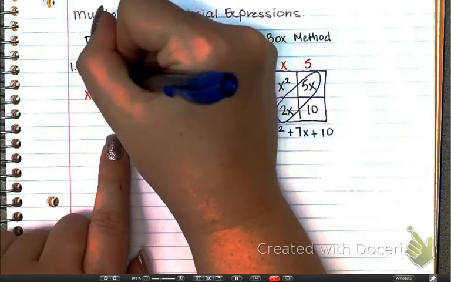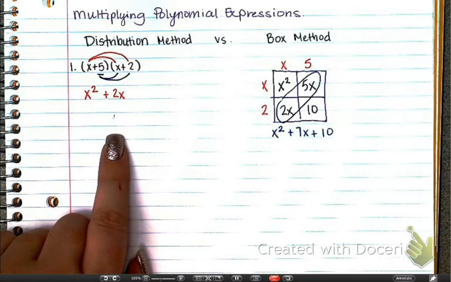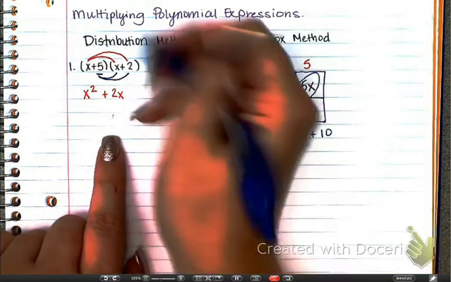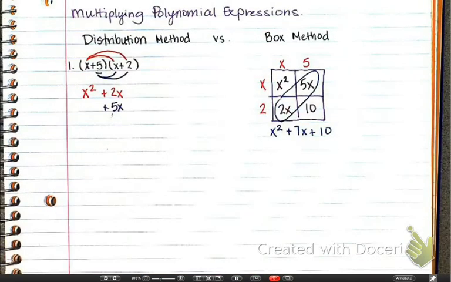I'm going to multiply it by both terms in the second set. 5 times x, 5x. Now I can write it all the way out, but I'm going to stack like terms on top of each other so that I can just add down. Even if you don't want to use this method, I want you to write it down so you have it. So everyone should be writing.